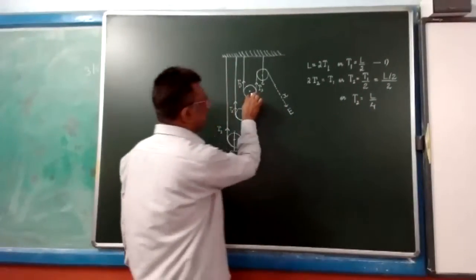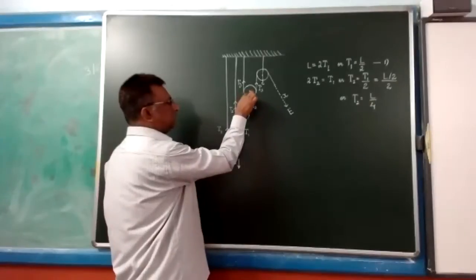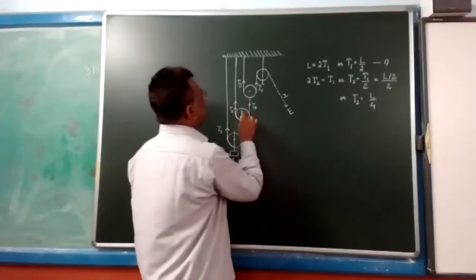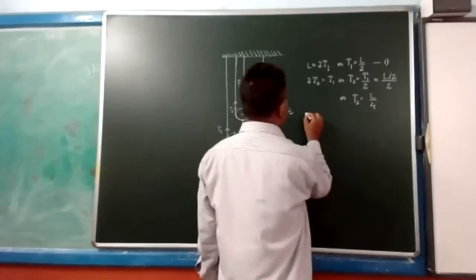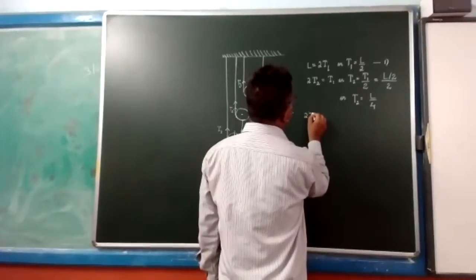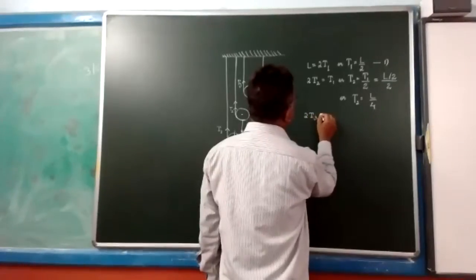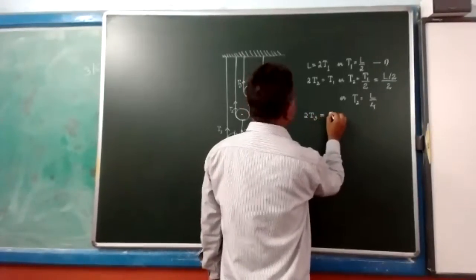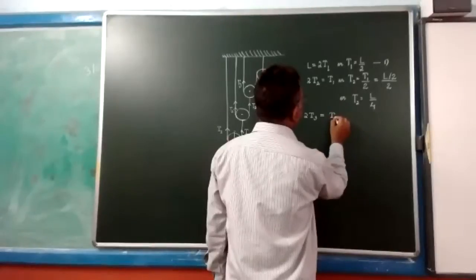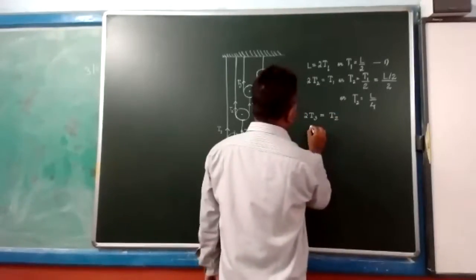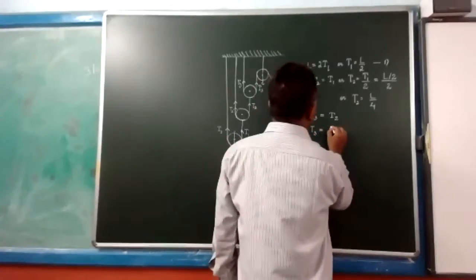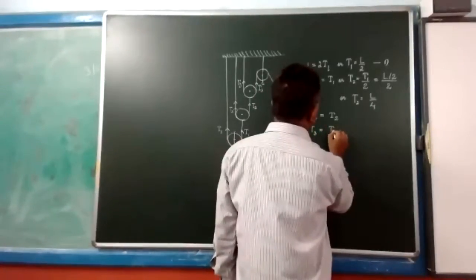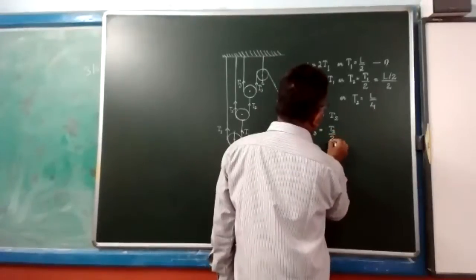Similarly, we can write the equation of motion at this end. T3 plus T3 equal to T2. So 2T3 equal to T2, or T3 equal to T2 by 2.